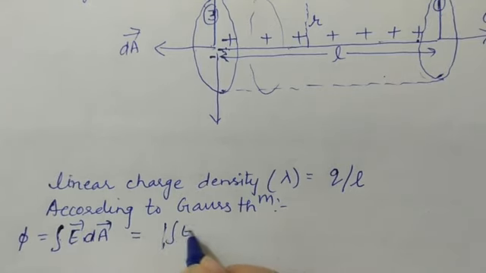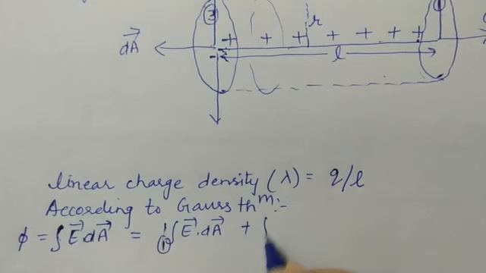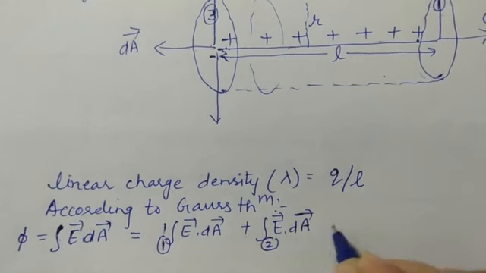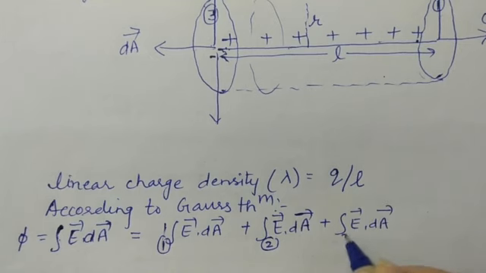This will be equal to E dot dA for surface 1 plus E dot dA for surface 2 plus E dot dA for surface 3, which should be equal to Q upon epsilon naught.